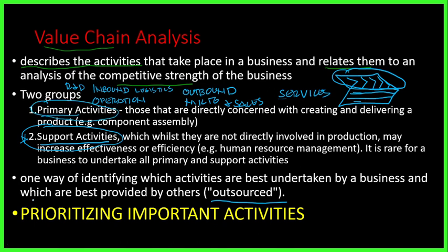So ganun lang naman yan. In 3 words, the value chain analysis is when you try to identify the activities and you should know how to prioritize the important activities. In 3 words, prioritizing important activities. That's the main objective of value chain analysis.